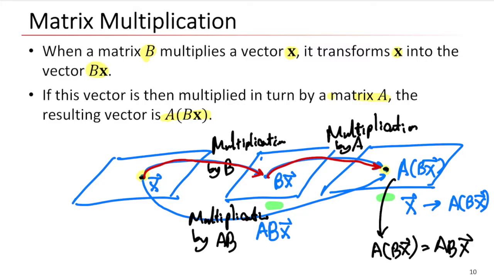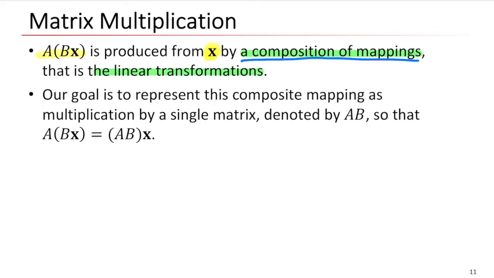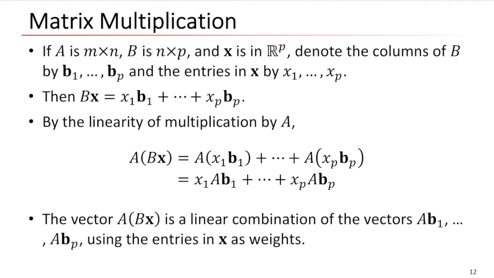This is the composition of the linear transformation or the linear matrix multiplication. So there is an equation something like this. Our goal is to represent this composite mapping as a multiplication by the single matrix AB. So this is the concept of matrix multiplication. Let's see the detail.